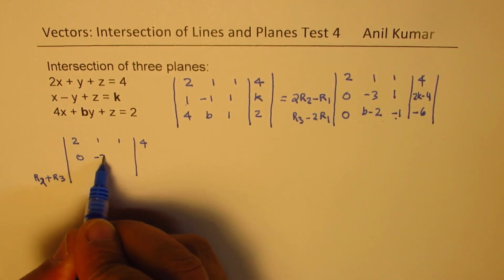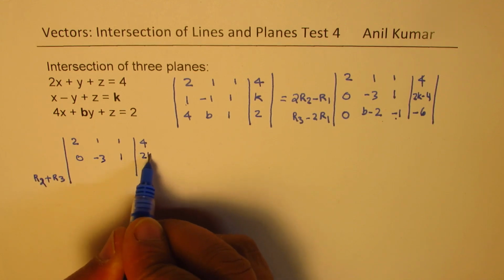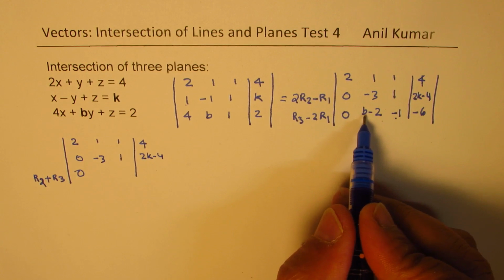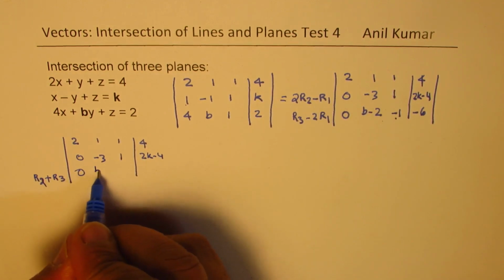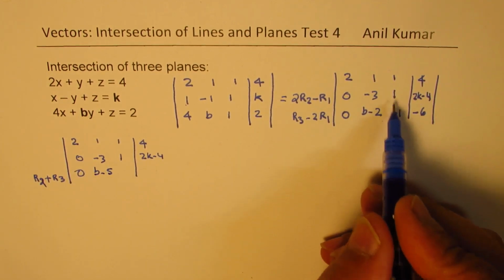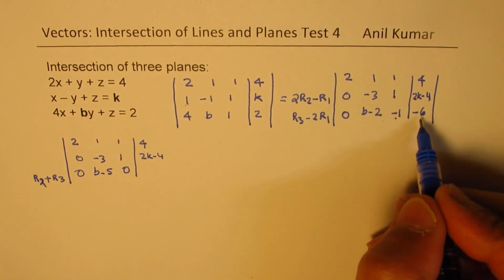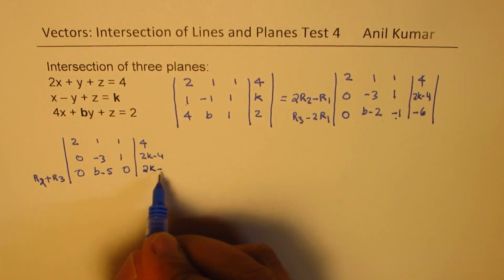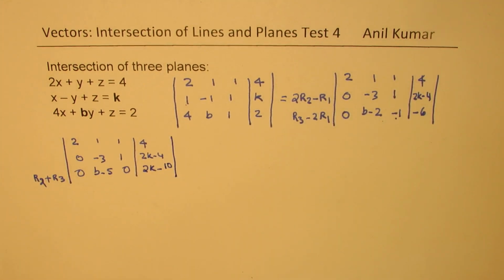So we maintain this as 2k minus 4. Here when we add, we get b minus 2 minus 3, which is b minus 5. And when you add these two, you get 0 here. Add these two, we get 2k minus 10. Okay, so that is what it is.